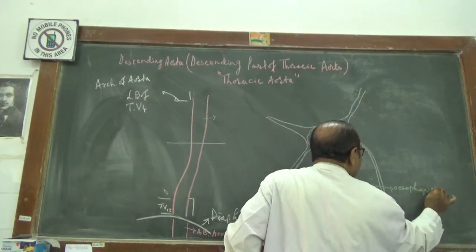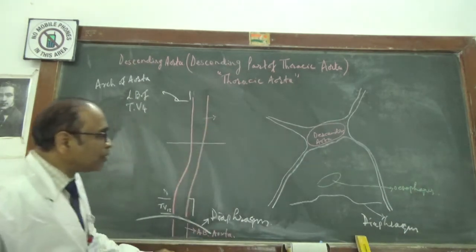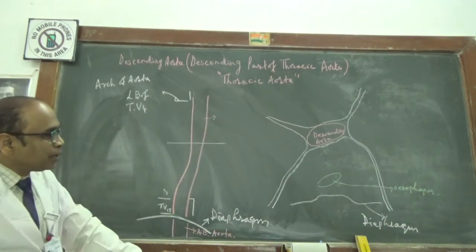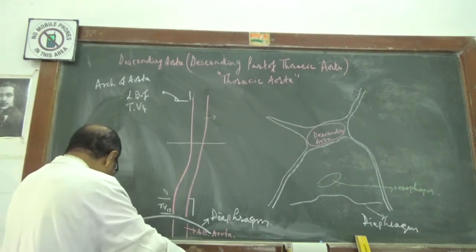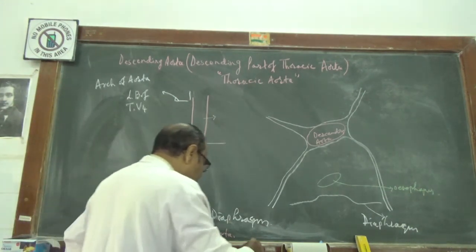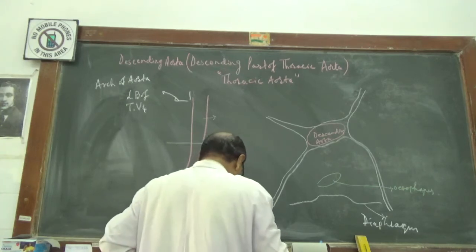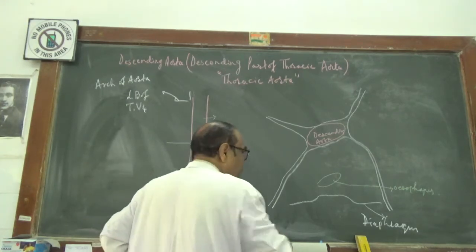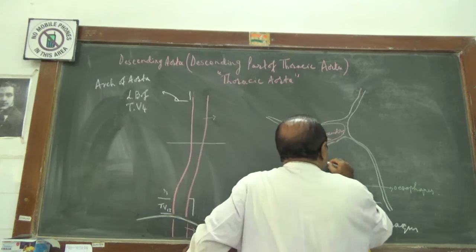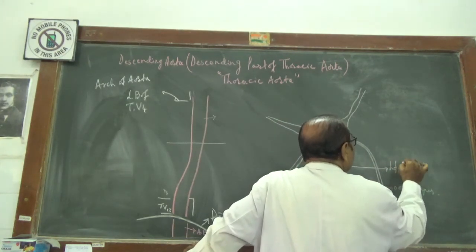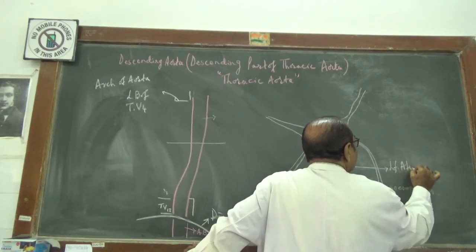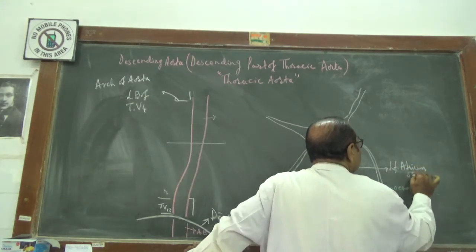This esophagus, the whole thing, is also called the gullet. Then successively from above down you will get the left atrium of the heart.